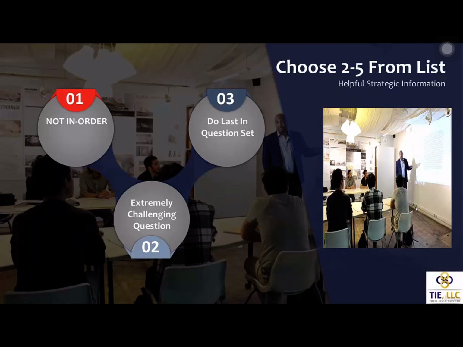What I mean by that is if you have this question, a matching question, and a fill-the-blank question, do the fill-the-blank question first, then the matching question, then the choose 2 to 5 from a list question. The reason is that if you do those other questions first, it'll give you a chance to look at the passage and the information in the paragraphs, and then it's going to make answering this question easier, okay?